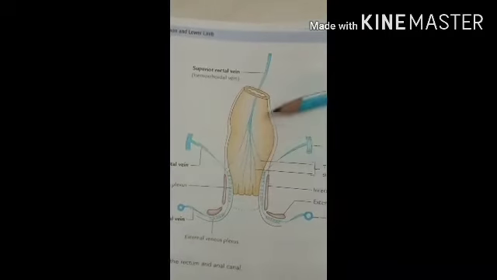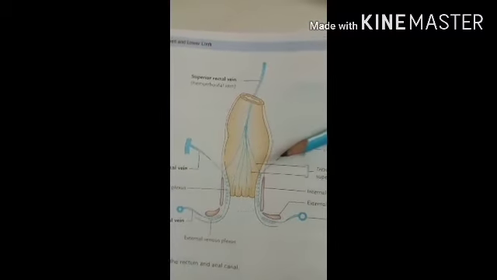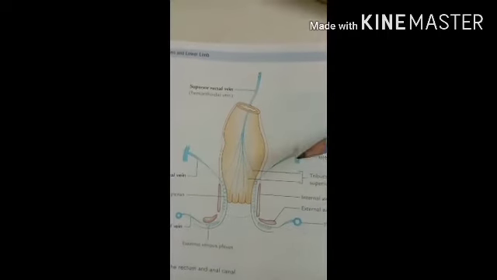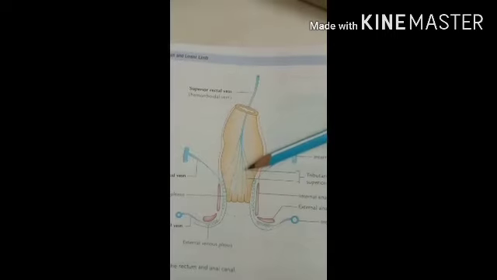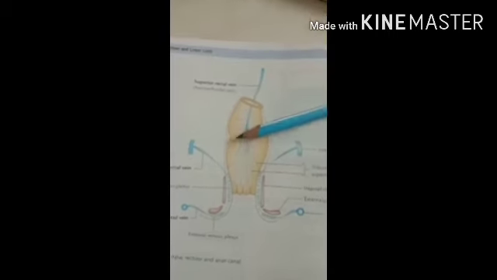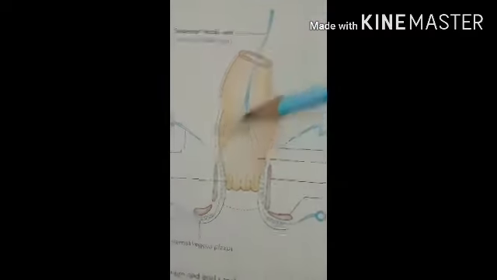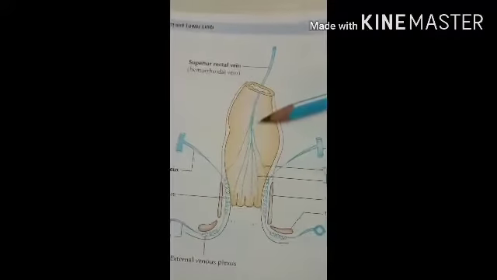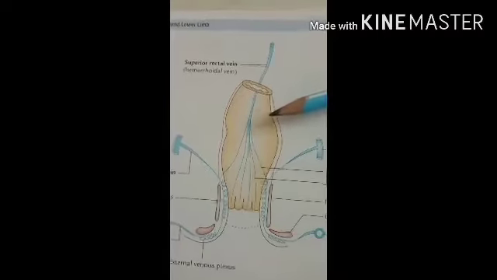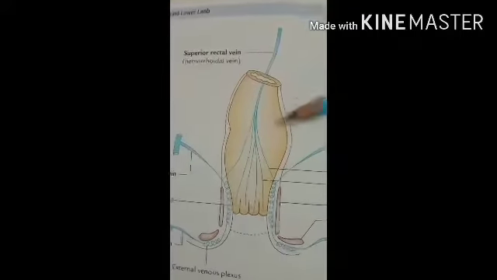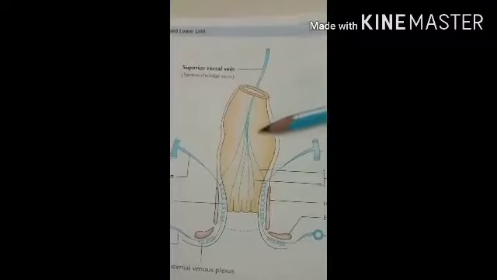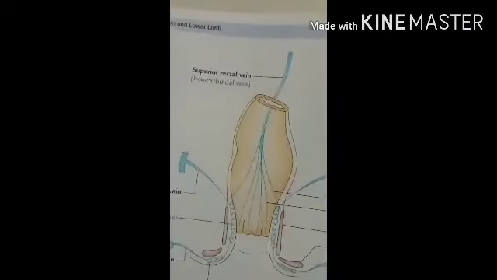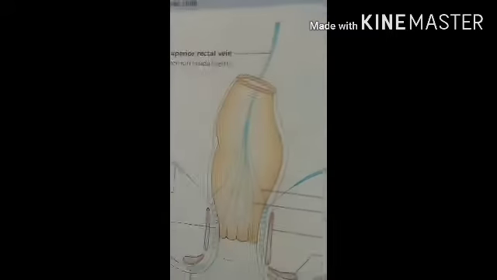Here you can see, from the internal, forming the internal rectal venous plexus, about 6 veins. So here 1, 2, 3, 4, 5, 6. So it forms the internal rectal venous plexus. Okay? They pass upwards in the rectal submucosa and then the muscular coat and continue upward as the inferior mesenteric vein. And this inferior mesenteric vein drains into the portal vein.